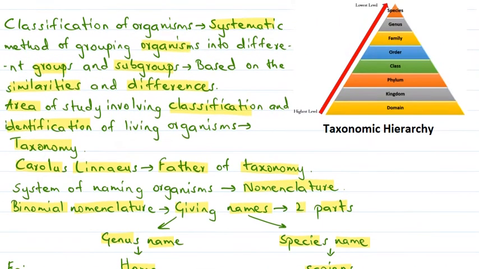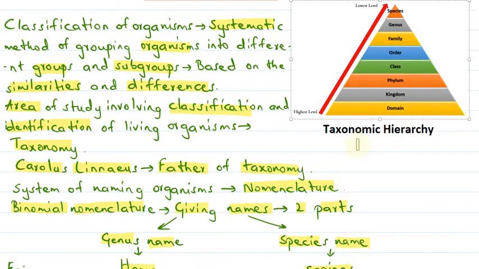Let's see the diagram for this and revise it. So this is the taxonomic hierarchy, or hierarchy of classification. Here the highest level of classification is domain. Domain includes all the related kingdoms. Then kingdom includes all the related phyla.